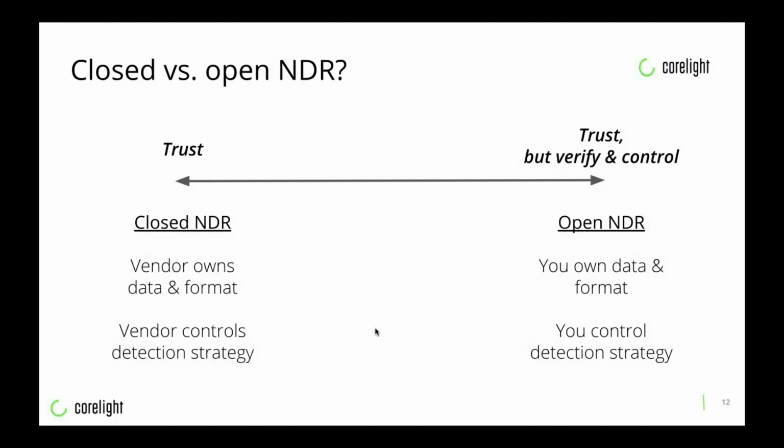On the closed side, if you're going with an off-the-shelf vendor who's got a proprietary NDR system, they ultimately own the data and the format, and they ultimately control the detection strategy. For some organizations, that may be preferable, but do recognize that there is a downside to that kind of choice, which is that, for example, let's imagine, next quarter, for some reason, your team needs to analyze a specific protocol.